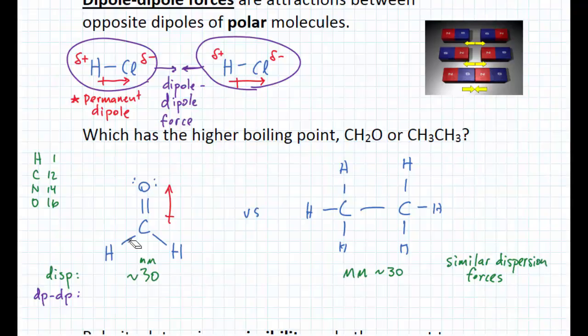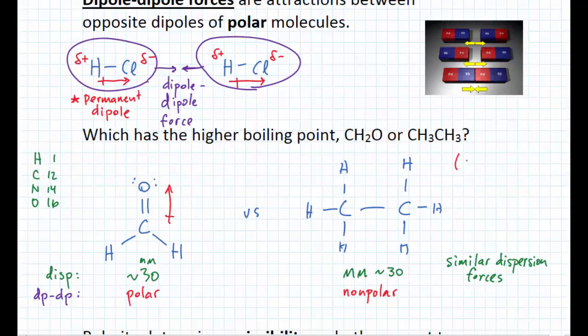What do you think about polarity of CH3CH3? I told you something special about carbon and hydrogen. Yeah, carbon and hydrogen have similar electronegativities. We don't draw arrows between C's and H's. They share their electrons equally. So if this one is polar, this one is nonpolar.